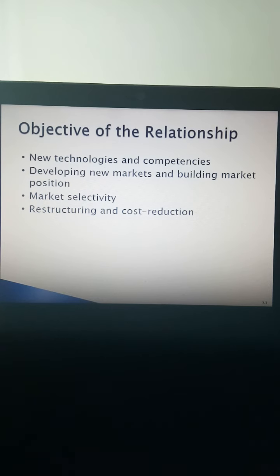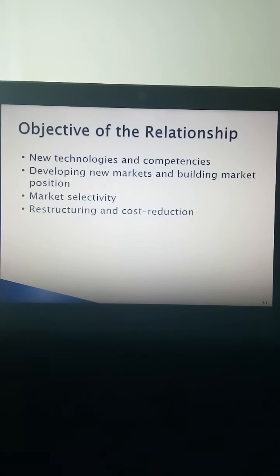Okay. This is the objective of many firms who create relationships, definitely because of cost reduction. Many producers in Europe, Japan, and United States establish relationships with companies or countries that are new to industrialization.